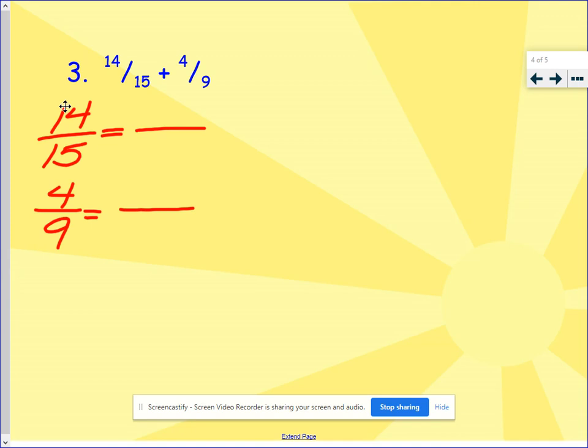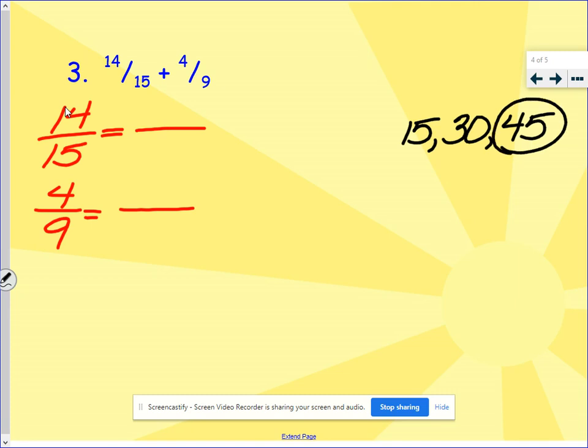Again, I'm going through my lists of multiples of 15. I'm saying 15 times 1 is 15. 15 times 2 is 30. 15 times 3 is 45. Oh, and then I say to myself, 9 is a factor of 45. So I've now located my lowest common denominator of 9 and 15 to be 45.